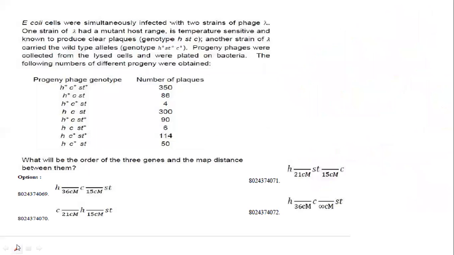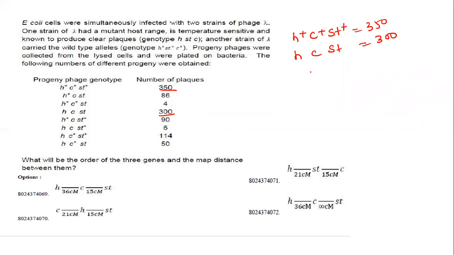E. coli were simultaneously infected with 2 strains of phage lambda. Now here what you have to do is just find the highest number. The highest number is H plus C plus ST plus. These are parental combinations, H plus C and ST, so these are 350 and these are 300.